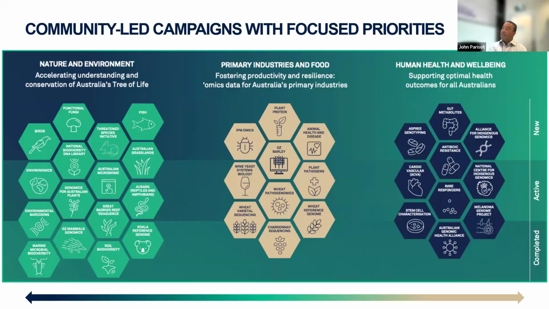And last but not least, in the human health area, where Bioplatforms are involved in cardiovascular stem cell characterization, antibiotic resistance, and melanoma, for example, melanoma genome project. And on the next slide, Stuart.